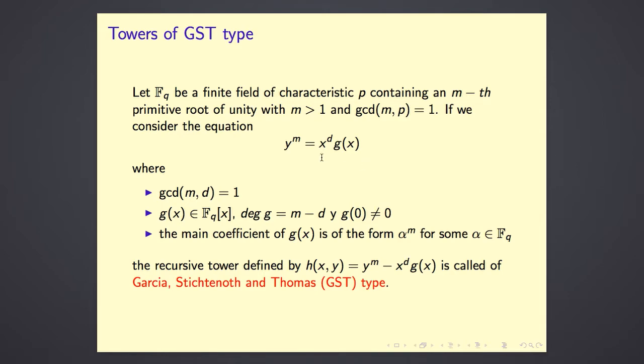And when this polynomial in x is of the form x^d times g(x), with m and d coprime, the degree of g being n minus d, g(0) not 0, and the leading coefficient of g(x) is an nth power of some element in Fq, we say that the tower we get is a tower of Garcia, Stichtenoth and Thomas type, or just GST type tower.